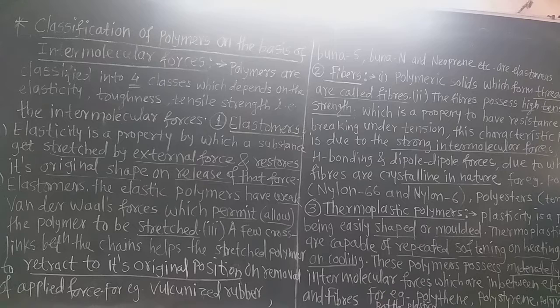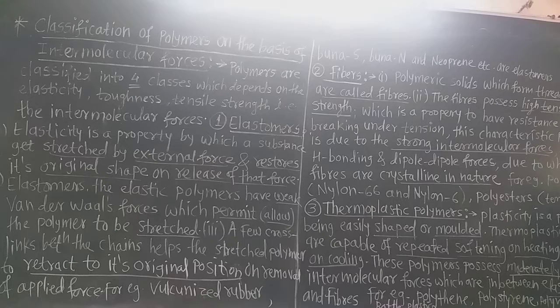Now there are various types of classification of these polymers. We are learning the fourth type of classification of the polymers. The first type of classification is based on the origin or source. The second one is based on the structure.